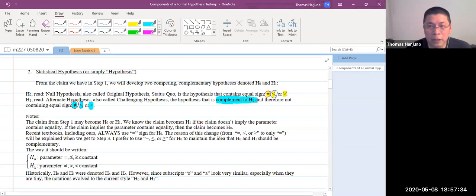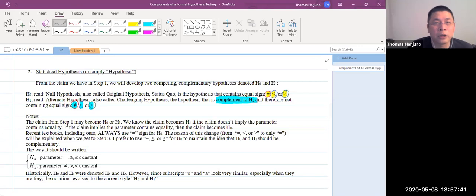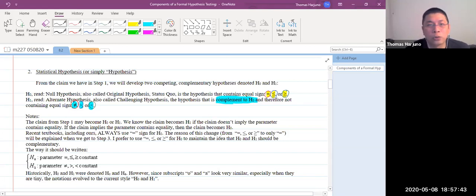And if it is greater equal to, the complement is less than. Let me write it down here. It's kind of a side note. So if the null hypothesis uses the equal sign, then the alternate hypothesis must be not equal.